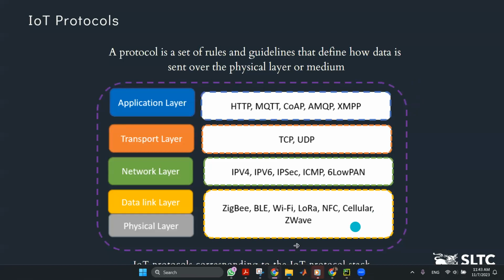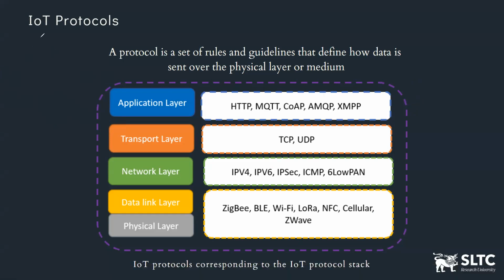Right. So now let's talk about the IoT protocols. So far we discussed the hardware components that we can use for IoT systems. In the discussion so far, in the physical design of IoT, we discussed the hardware components that are required for IoT implementations.